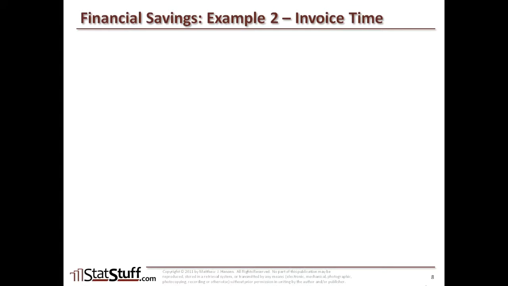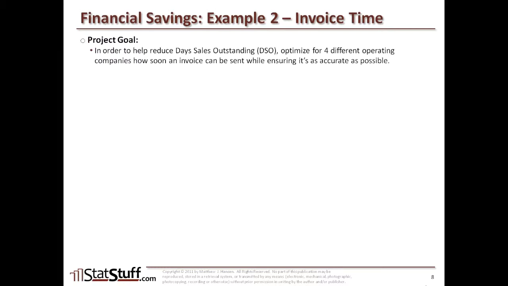The second example is a project I worked on where we were trying to find the optimal time to invoice customers in a way that would help us get our cash payments faster. The project goal was to reduce the days sales outstanding, or DSO, a general business term for measuring how long our cash is sitting in accounts receivable before we can get it back.